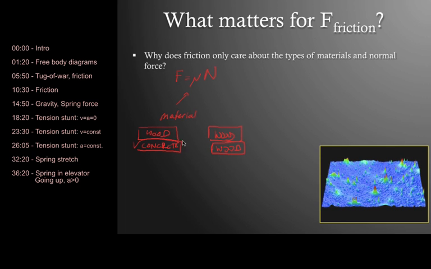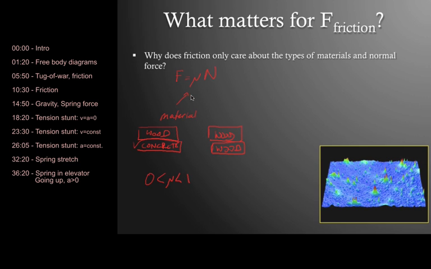And these two will have different coefficients of friction. So it depends on the whole set of materials that you use in each of these cases. So all these material properties are bundled up into this mu. And mu can be, in general, between 0 and 1 for most materials.